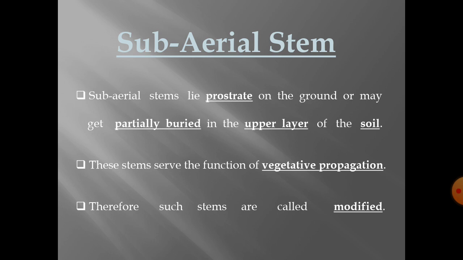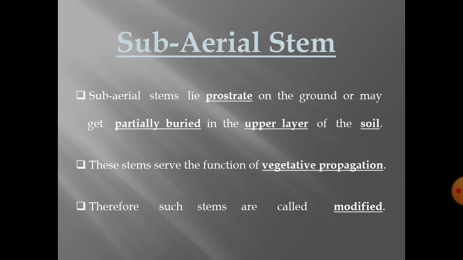Students, it has been observed that the subaerial stems help in vegetative propagation. That is, they give rise to brand new plants. Next point. Therefore, such stems are called modified because normally stems do not produce new plants.